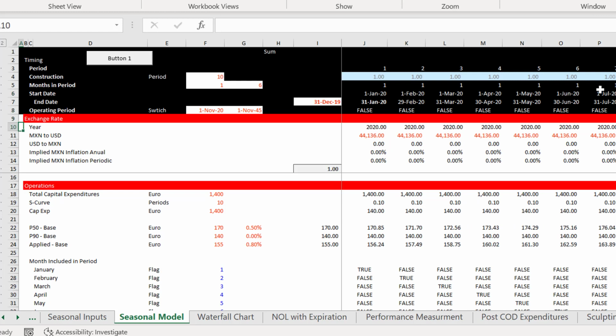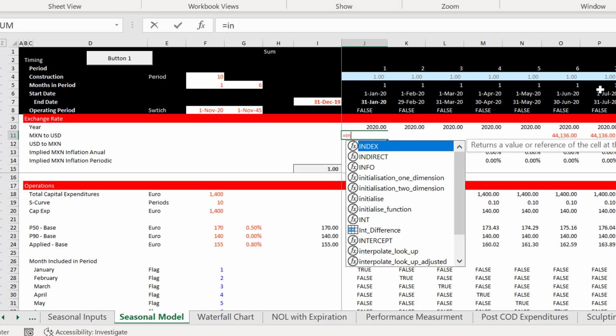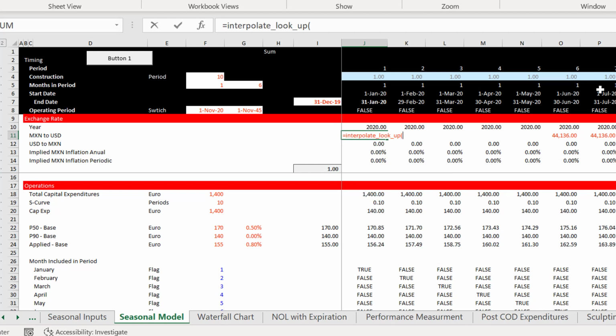So then we can put the interpolate lookup, and remember, there's a new way to get the interpolate lookup. You can go into the generic macros, and you don't have to do all the fancy stuff. You just click on the import functions, and it takes like 4 seconds.